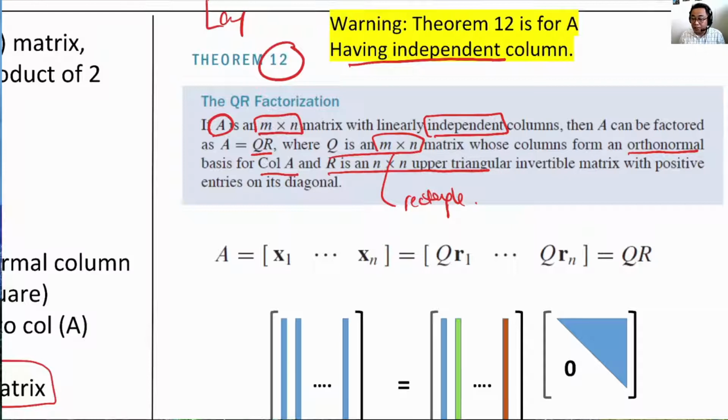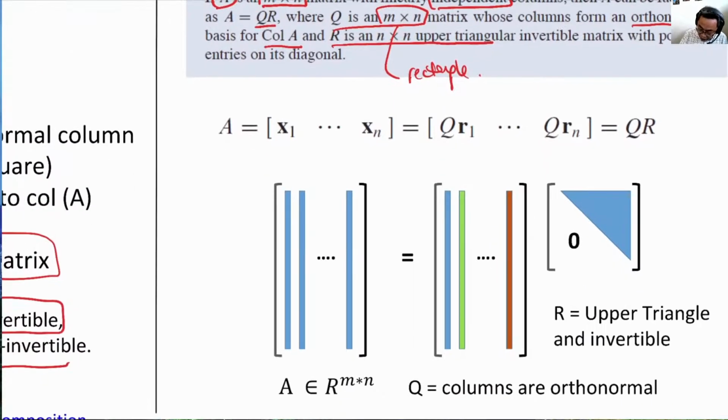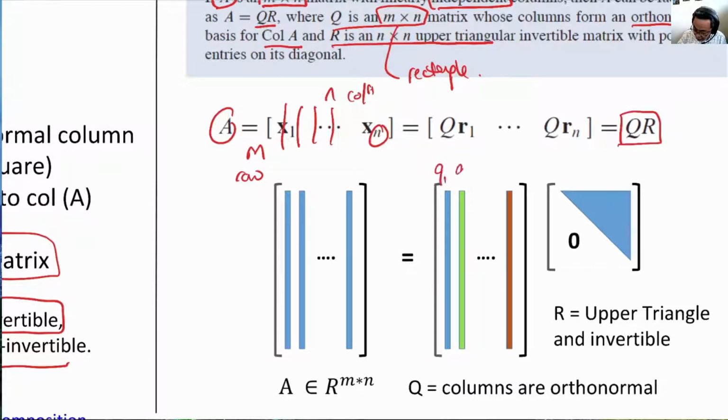So here it is restating what we have just stated. We can write it in this way. The columns of A are here. We have n columns, so this is m rows and n columns. Now, when we write it in QR, and remember Q, if we now write it as Q1, Q2, and so on, how many would there be?